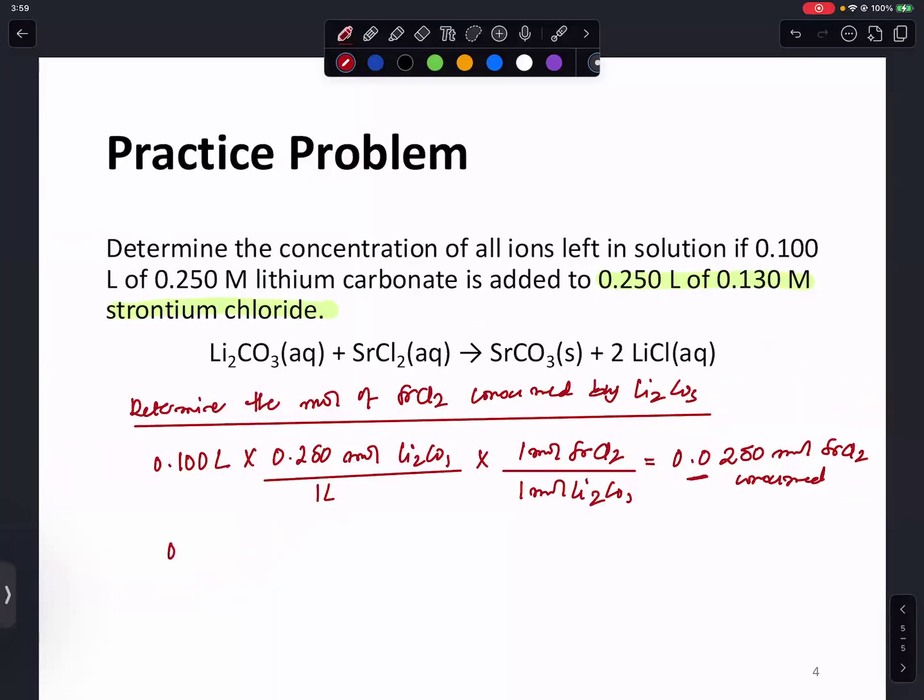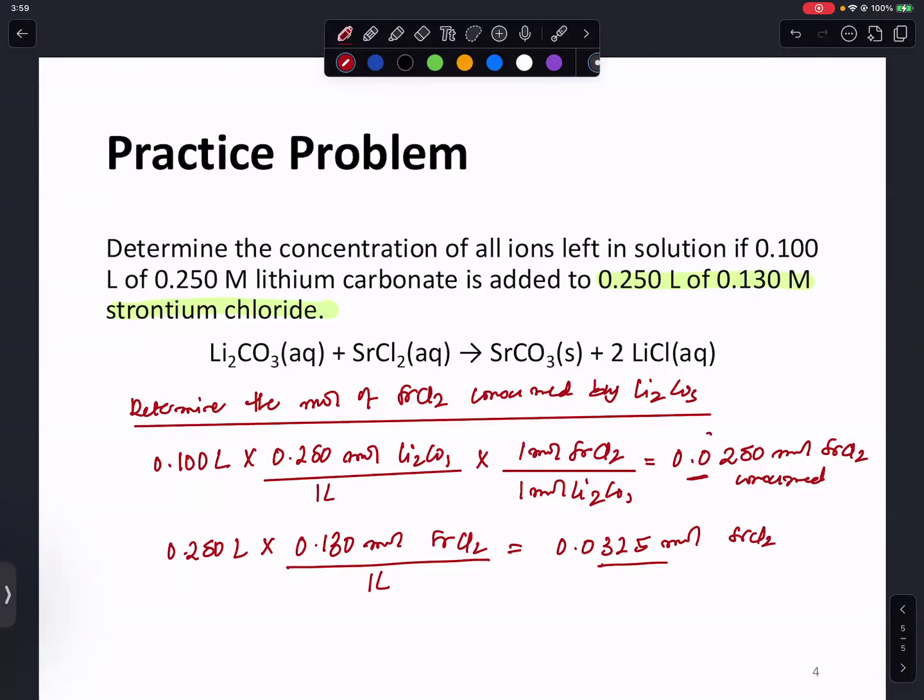So we have 0.250 liters times 0.130 moles of strontium chloride in 1 liter. I'm calculating it with you in real time. And I have here 0.0325 moles.